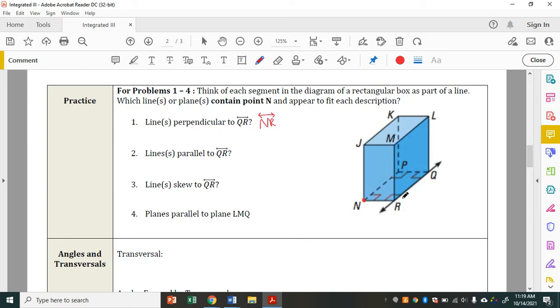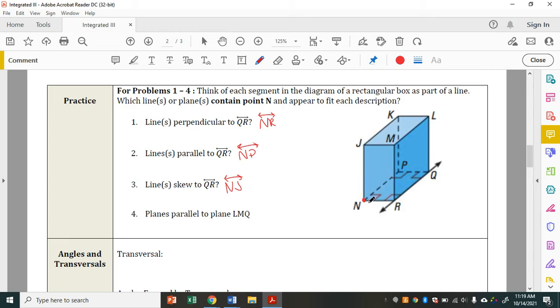A line that's parallel to QR that contains point N would be this line NP. A line that's skew to line QR that contains point N would have to be this line NJ.